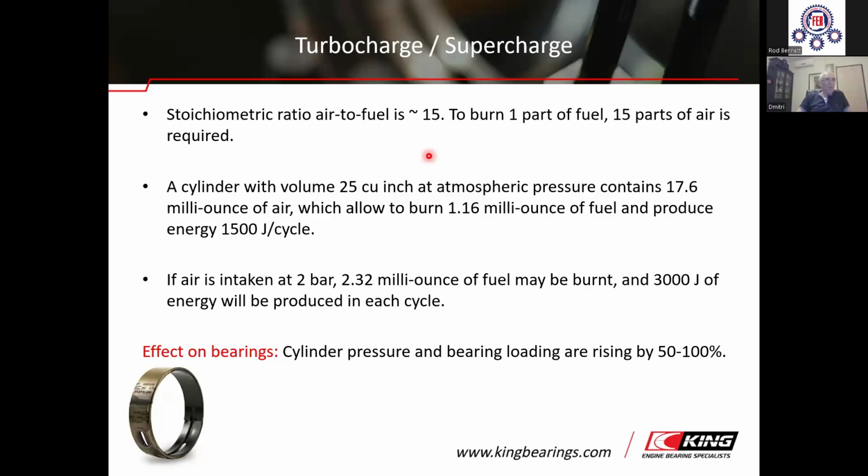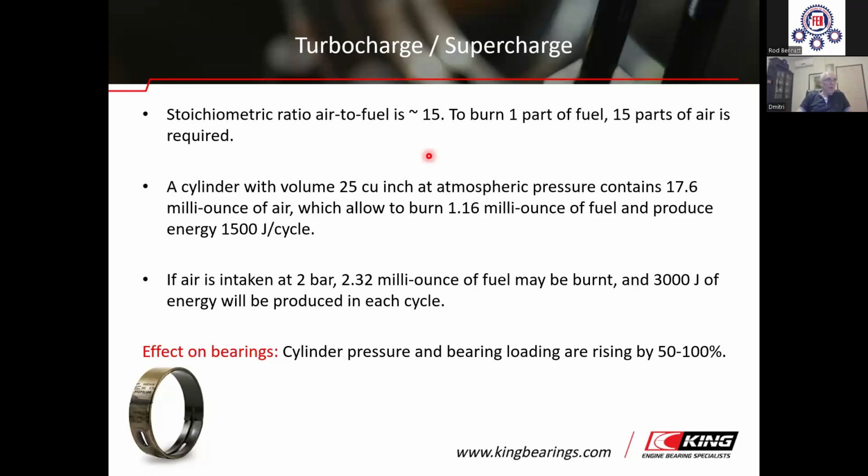Therefore, the amount of fuel which may be burned in this cylinder is also twice as much as in the normally aspirated engine. And the amount of energy generated by the engine in one cycle is twice as much as in the atmosphere aspirated engine.